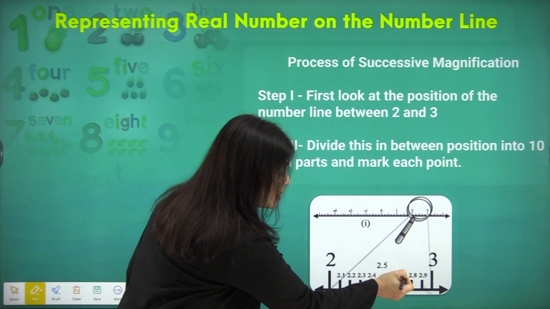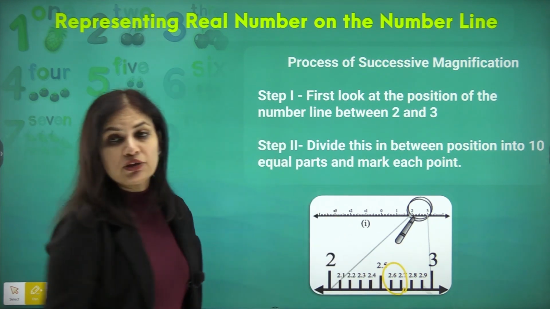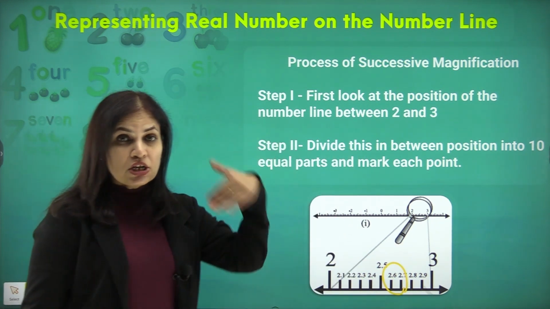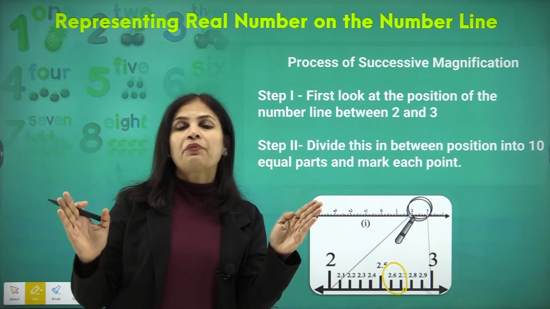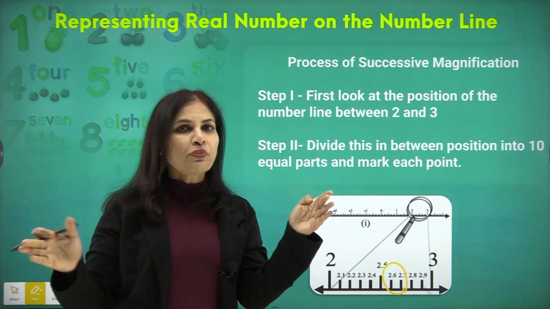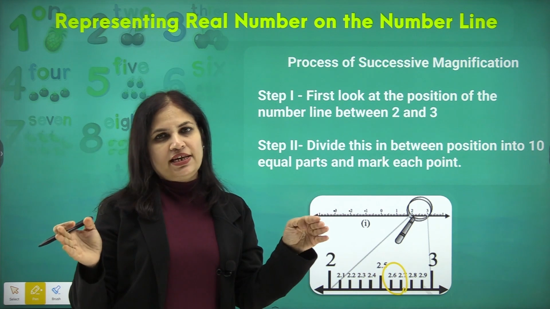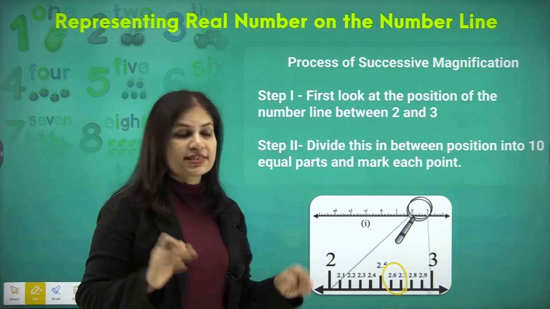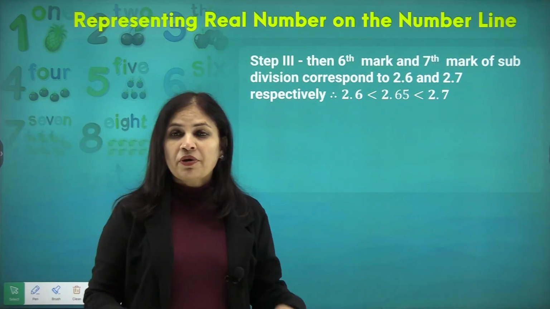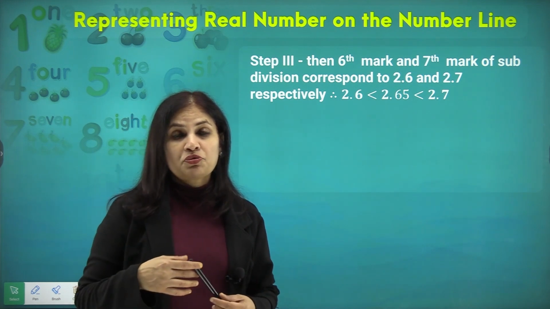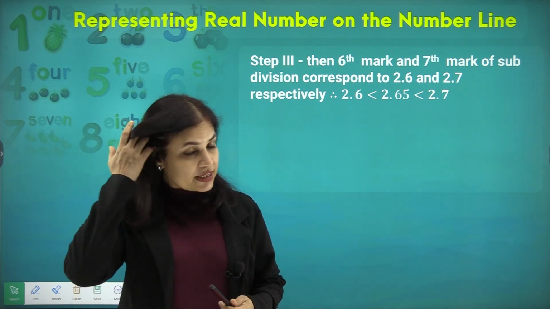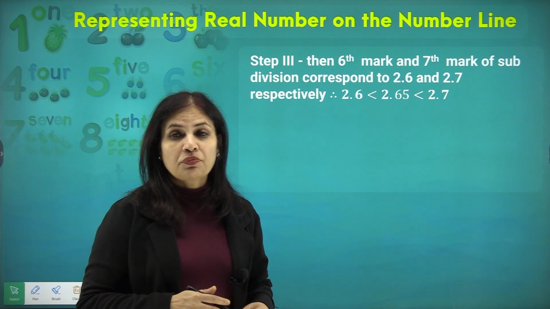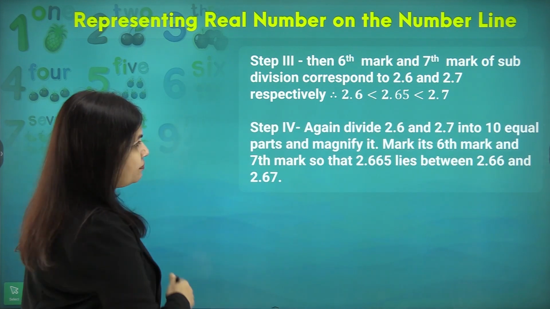So, I have to expand this part of the number line, 2.6 and 2.7. So, in the next step, my two endpoints will be 2.6 and 2.7, which I will write as 2.60 and 2.70.